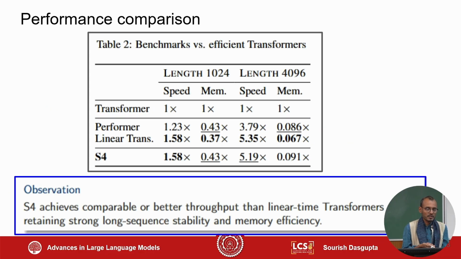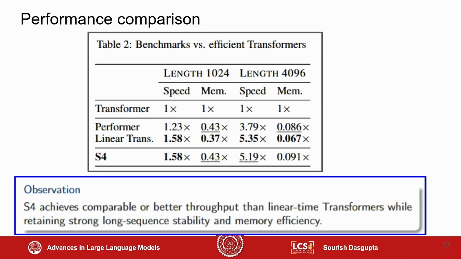And the performance comparison was that, what they did in the paper was they compared S4 with other transformer based models, including linear complexity transformer based models, in terms of what? In terms of the speed and memory across different lengths.